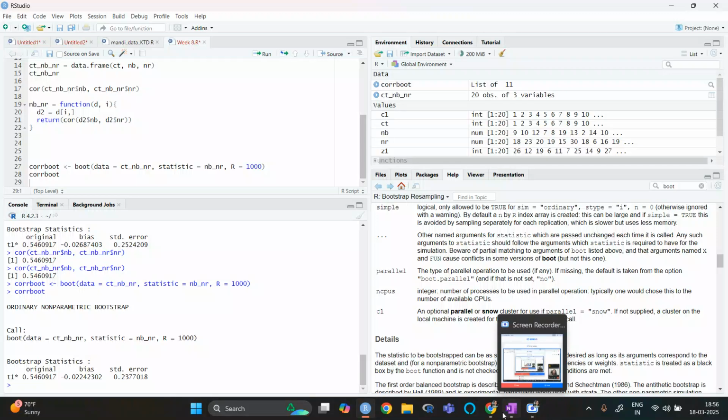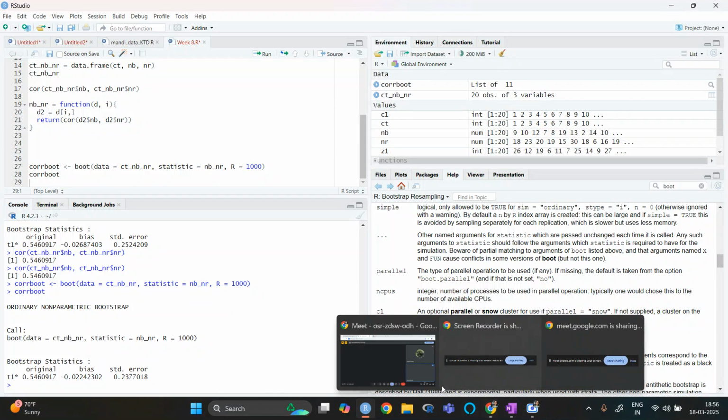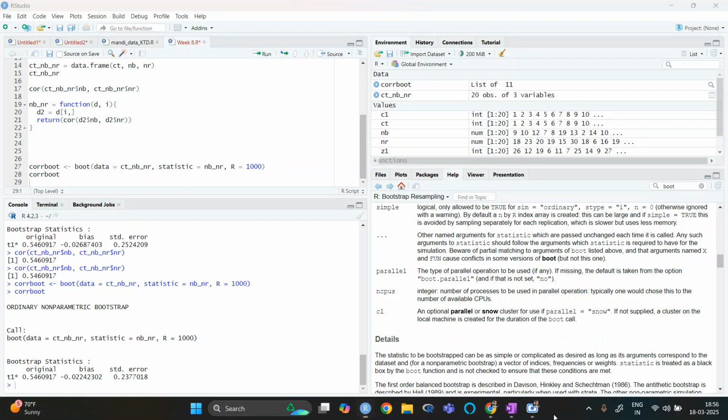So the bootstrap statistics will be original one. Yes, this one is original, and this one shows you how much it is biased. The original one you can see here I have found. Here you can see this is the same.